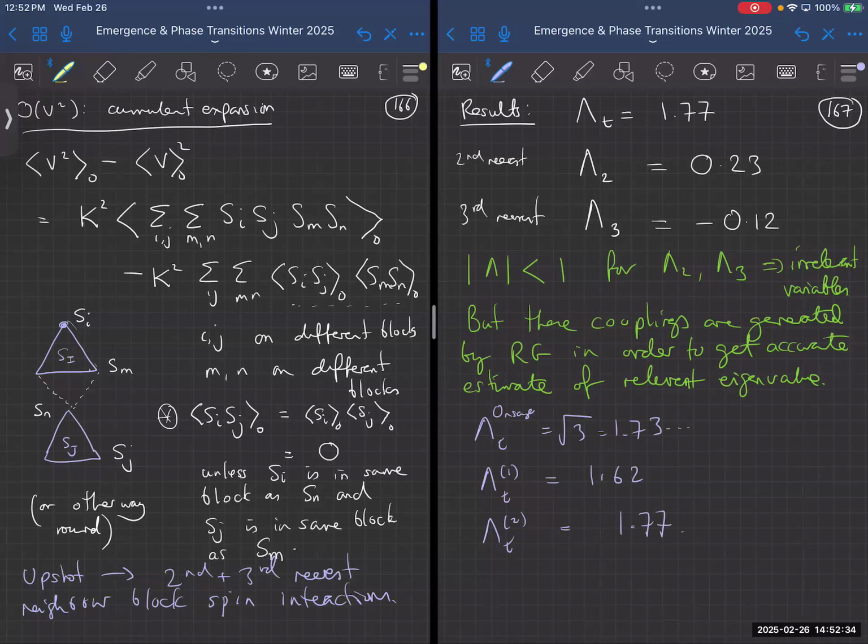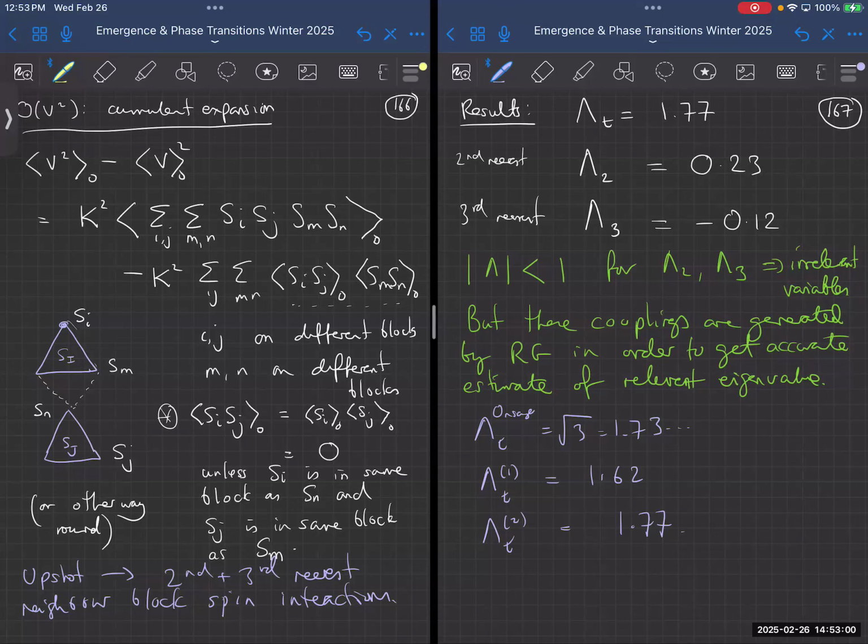So you can see that I'm getting improved accuracy, but at the expense of having to consider these second and third nearest neighbor interactions. I can't just look at nearest neighbor interactions. That's why we have to do that.